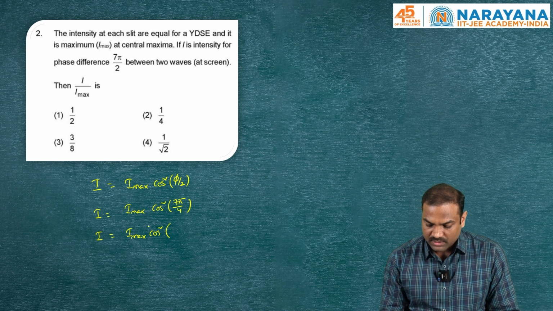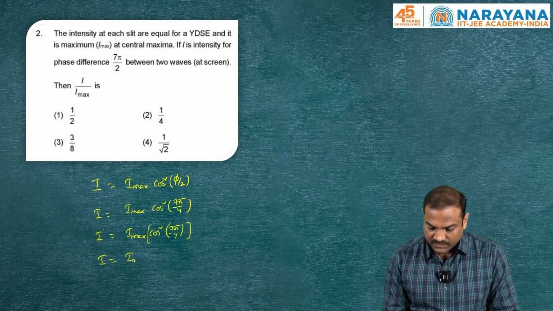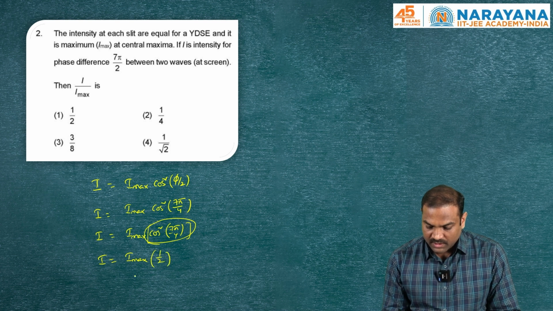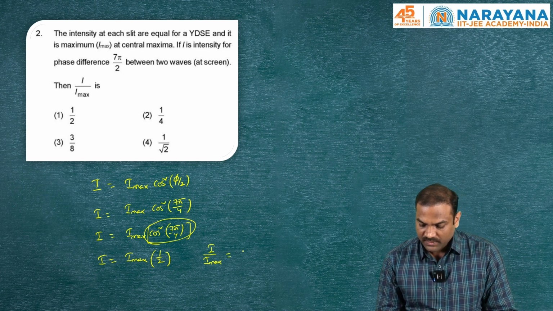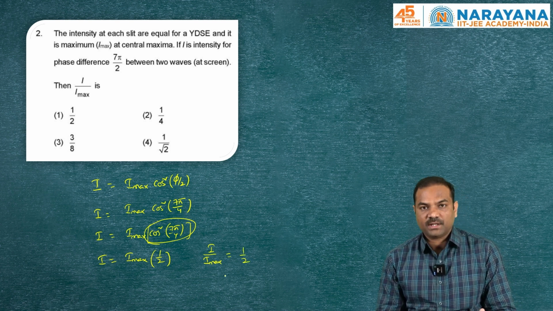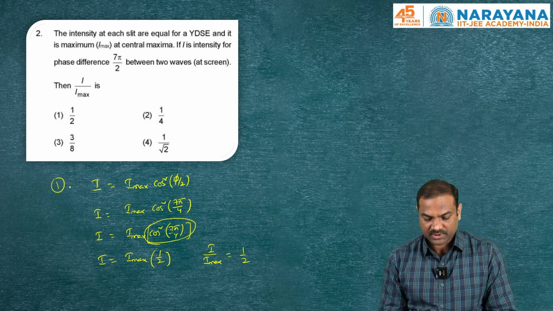This entire square value I am writing simply as 1 by 2. Then I max into this entire value will become 1 by 2. They are asking the I by I max value. So I by I max is equal to 1 by 2. So the answer is going to be the first option.